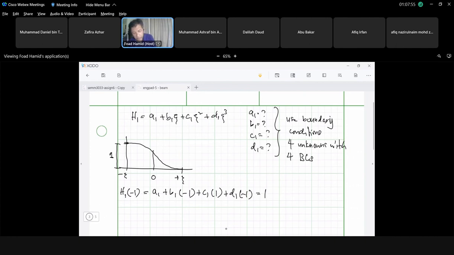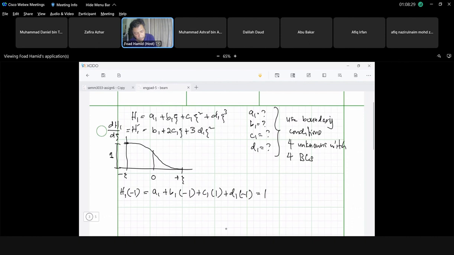And H1 prime, which is just dH1 over dz, equal to B1 plus 2C1 z plus 3D1 z square.